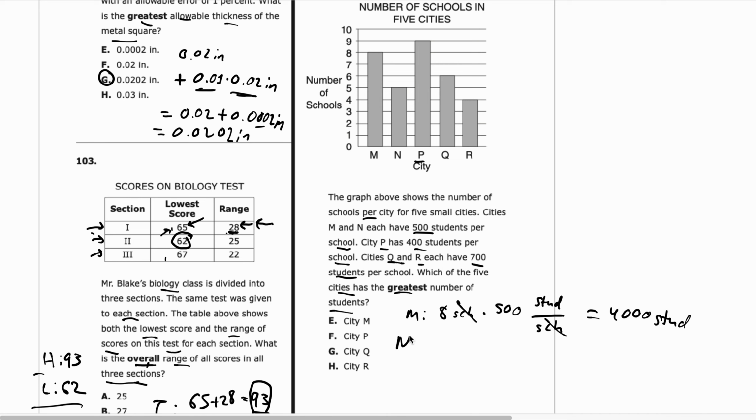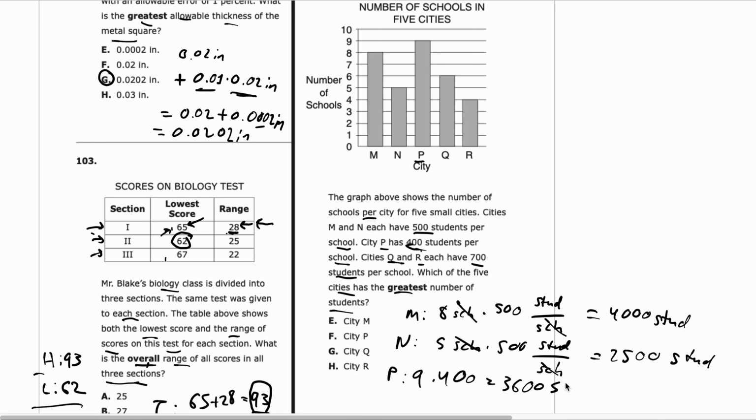Now N has 5 schools and 500 students per school. So it would have 2,500 students. P has 9 schools, and it's said to have 400 students per school. So that's 3,600 students.